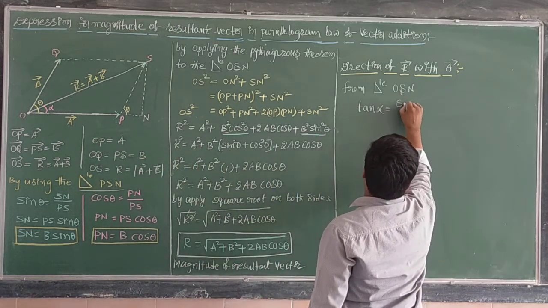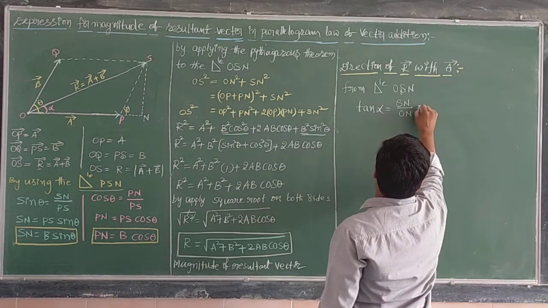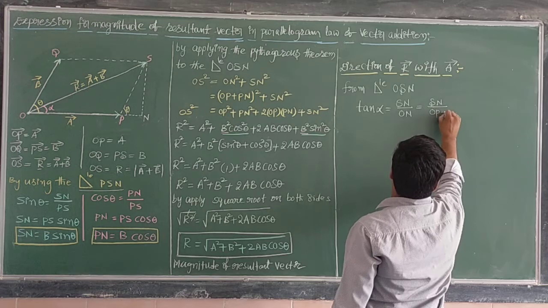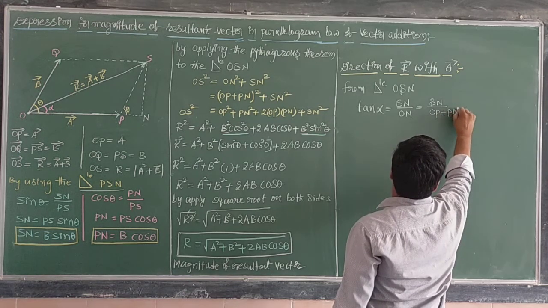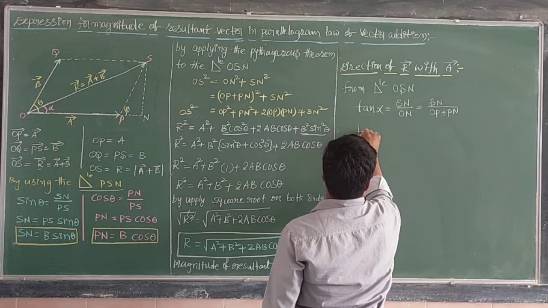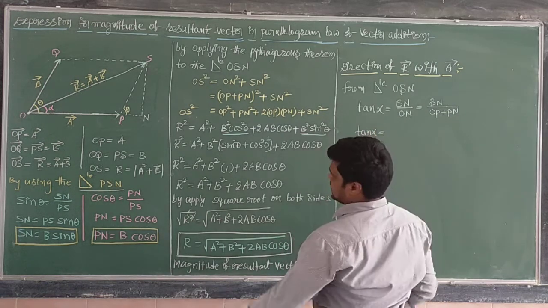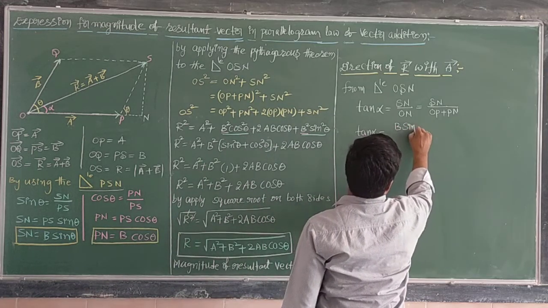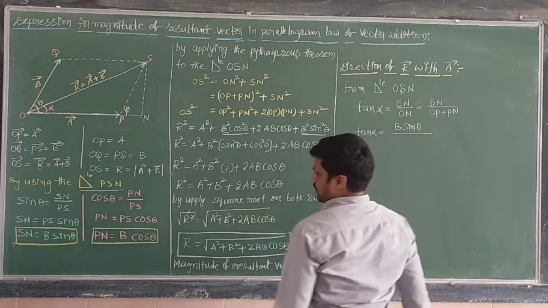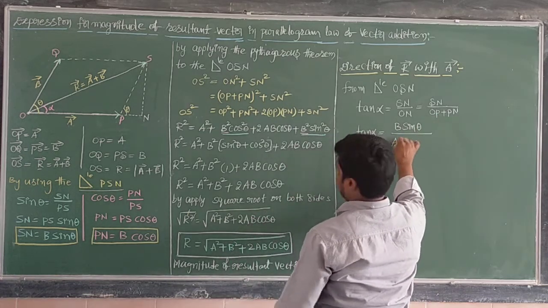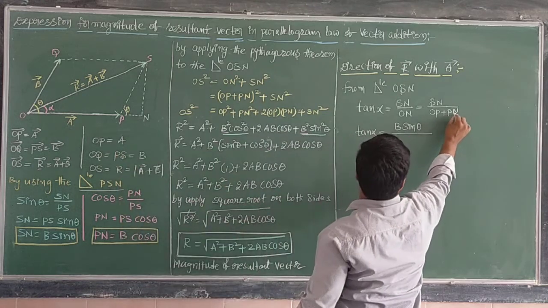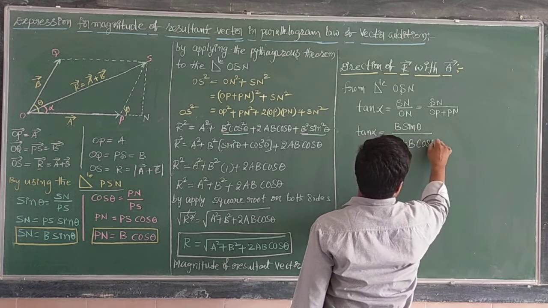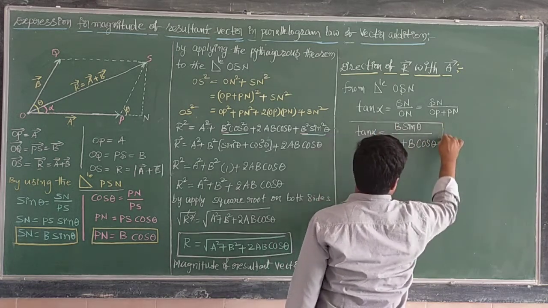So SN divided by ON, and ON we can write as OP plus PM. From this, tan alpha is equal to SN, which is B sin theta, divided by OP, which is A, plus PM. PM is nothing but B cos theta. Now this is one of the formulas for this.